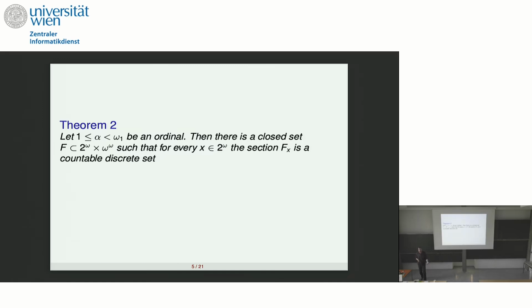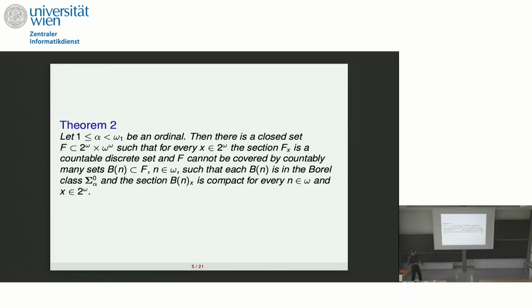So in particular, this is a sigma compact set, and again, F cannot be covered by countably many sets Bn, such that each Bn is in the Borel class sigma 0 alpha. So this is a boldface.